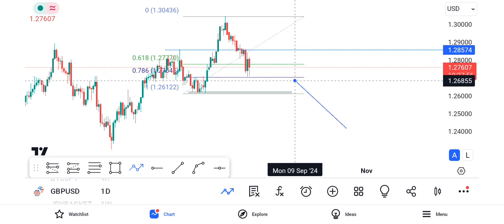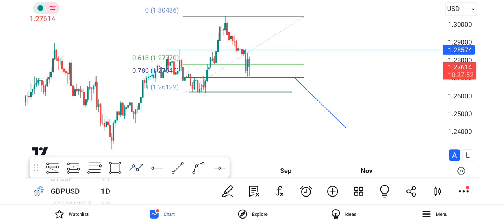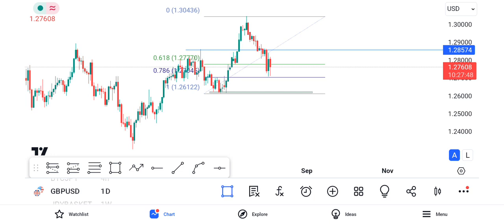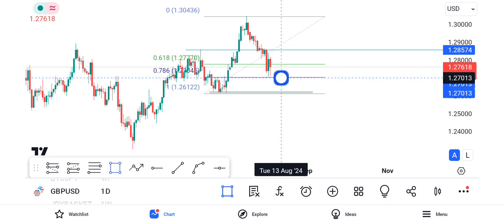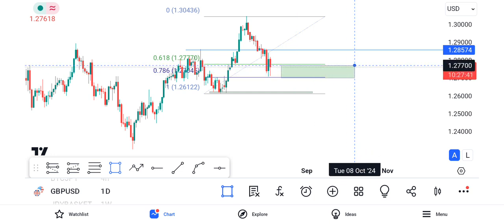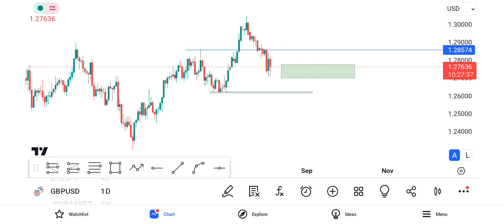So they can act as support on the daily time frame. So I mark out these two levels right here, which is the Fibonacci level, because price can definitely react on these levels here.